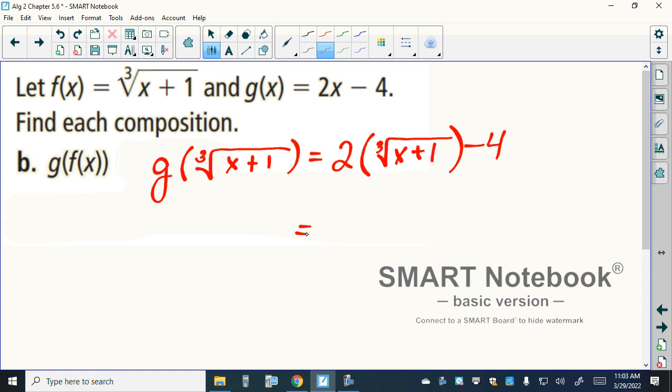Well, if the radicals were the same, we would multiply what's inside, yes? Does 2 and the cubed root of x plus 1 have the same radical? Well, no, we're just multiplying. So this here is going to be 2 cubed root of x plus 1 minus 4.